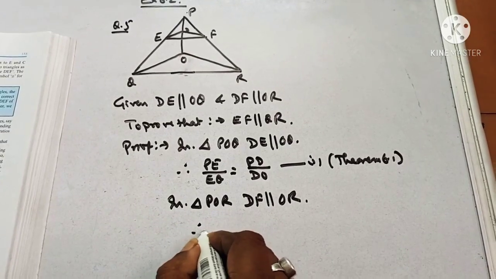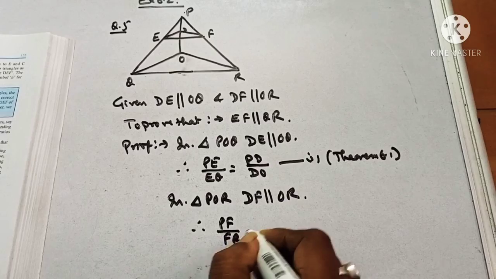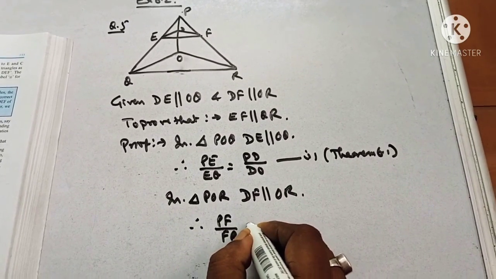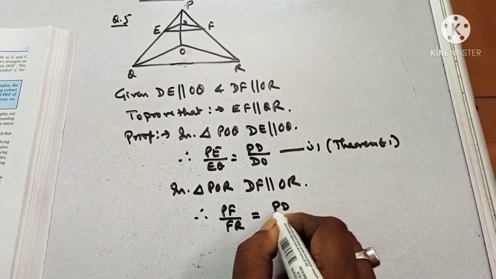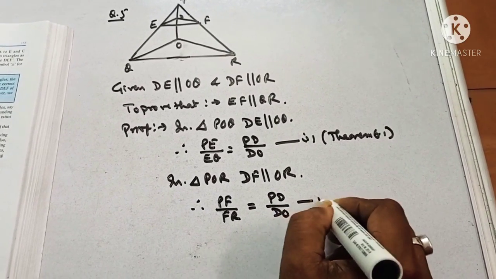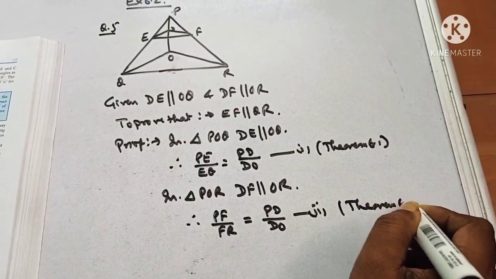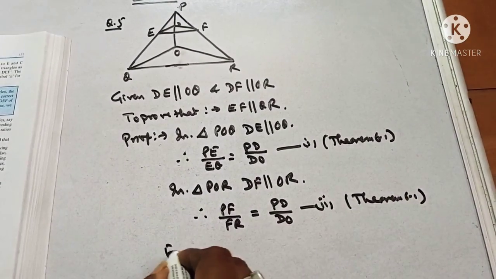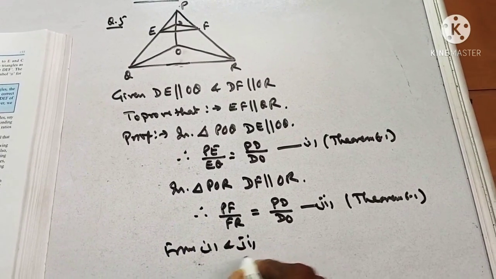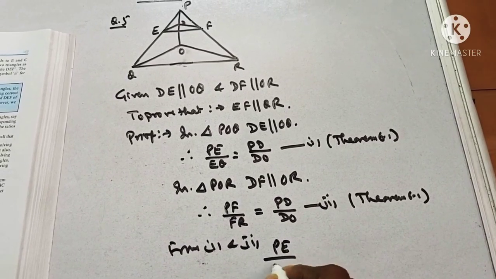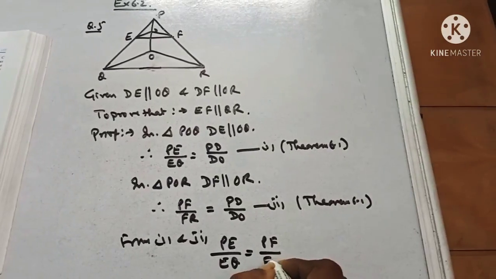So therefore PF by FR is equal to PD by DO. This is equation 2 from theorem 6.1, and from 1 and 2, we get PE by EQ is equal to PF by FR.